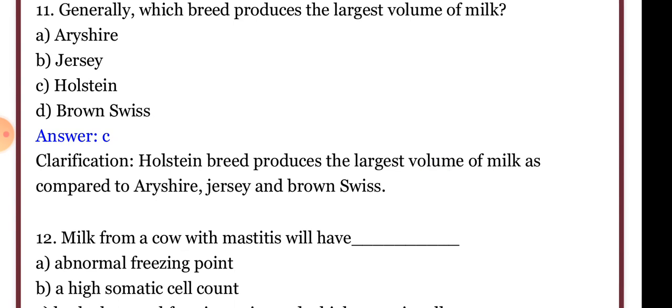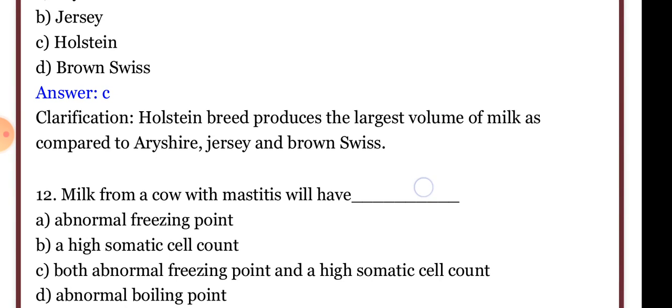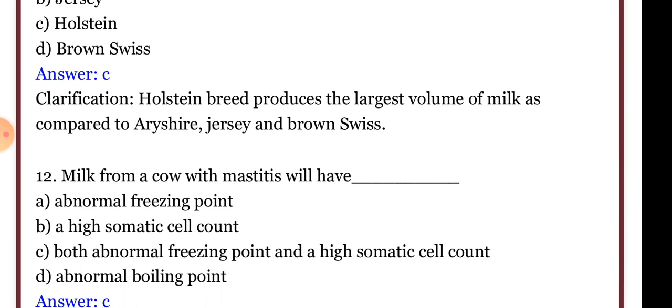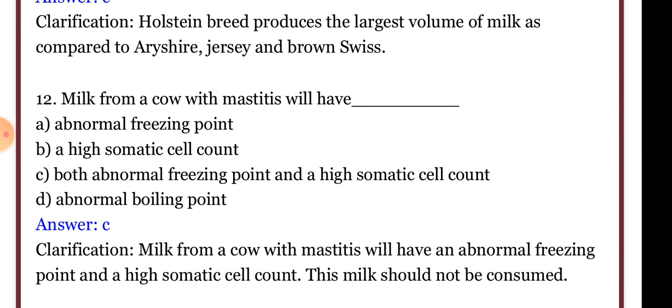Milk from a cow with mastitis will have both an abnormal freezing point and a high somatic cell count. This milk should not be consumed. And the application of high somatic cell count for the detection of mastitis is a technique known as the California mastitis test.